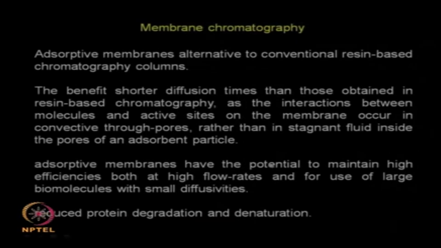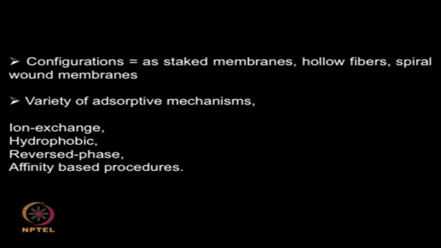So adsorptive membranes have the potential to maintain high efficiencies because you can use high flow rates, we can use it for large biomolecules with small diffusion coefficient. So by doing this, with short diffusion times, we are preventing the protein degradation or even denaturation of the proteins. So it is ideal for biological molecules.